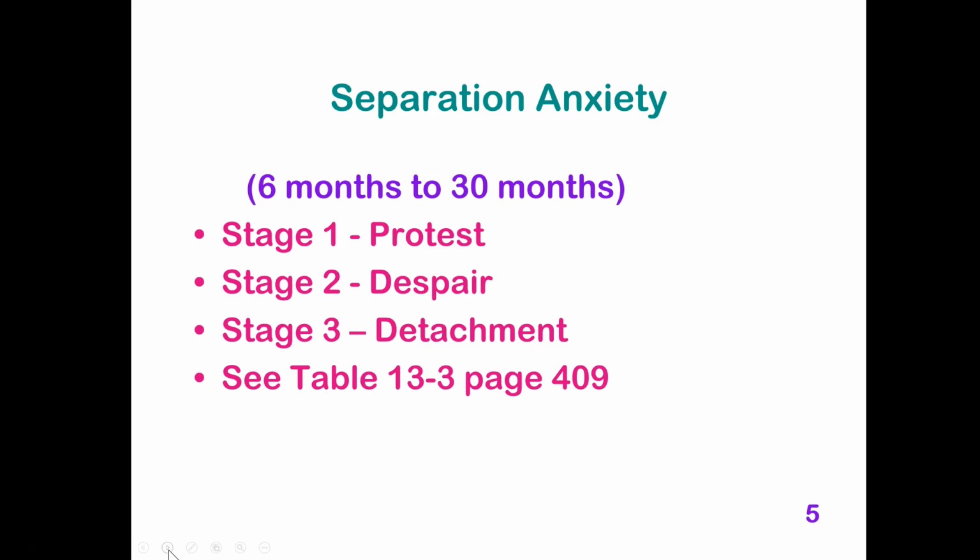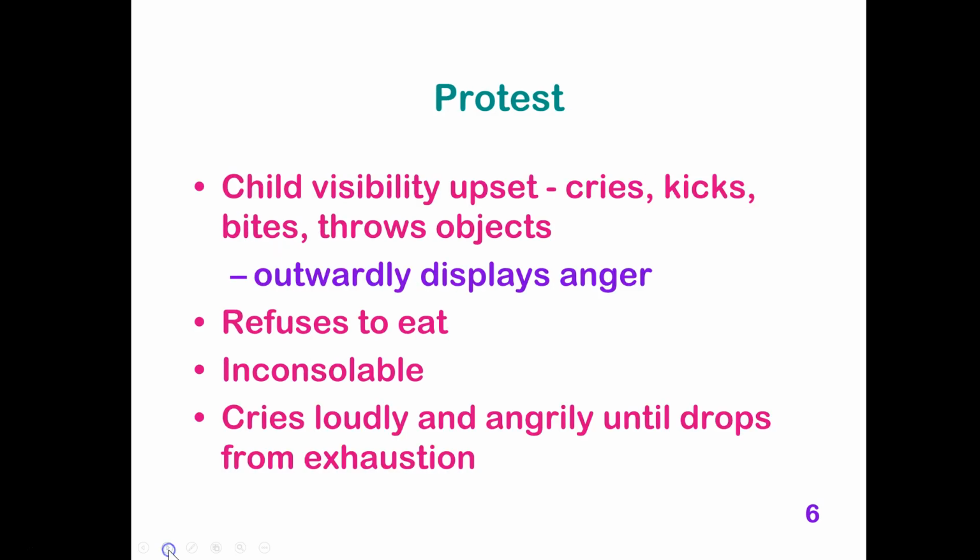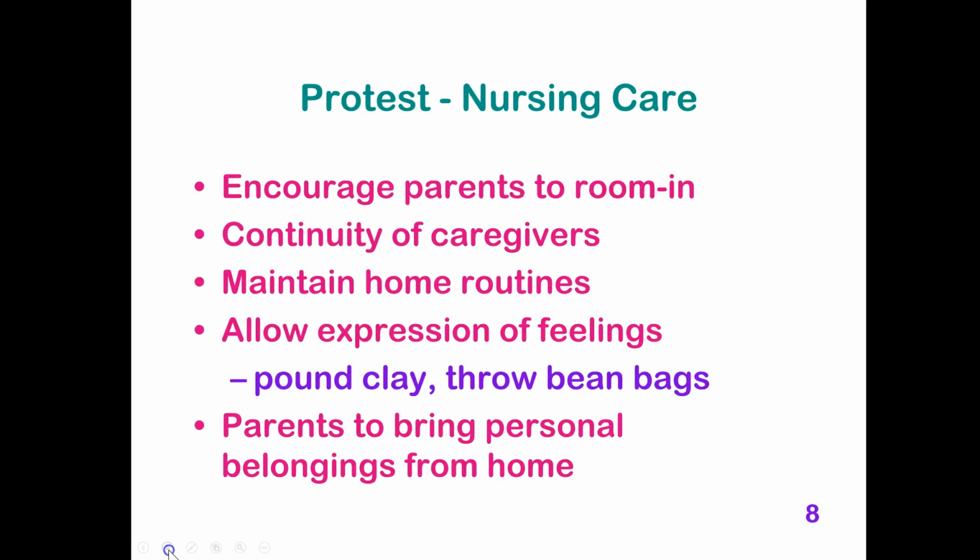Stage 2 is despair, so the child is going to be upset. Stage 3 is detachment or denial, and so the infant will detach from the parents. You can read this on your own. Again, pretty self-explanatory.